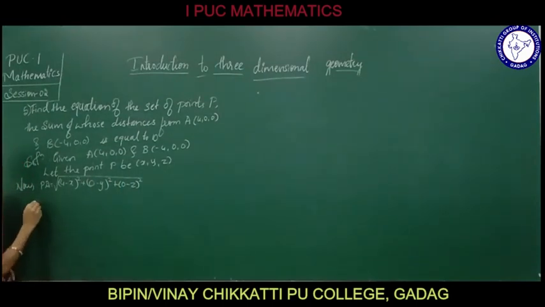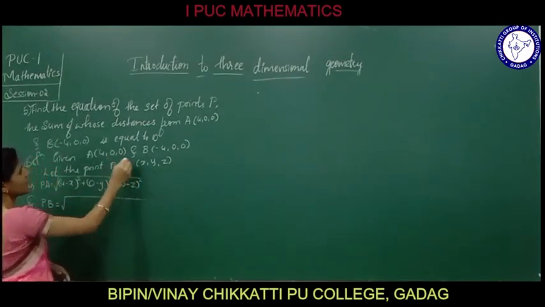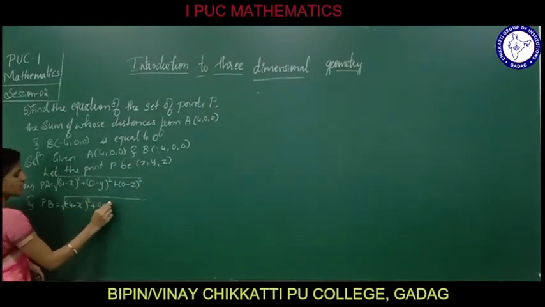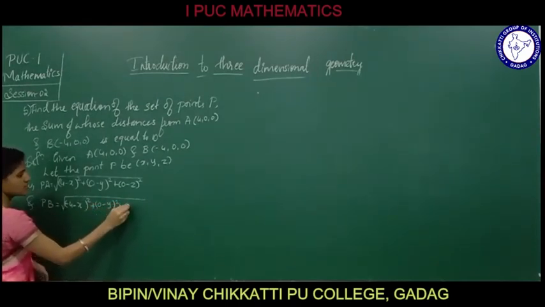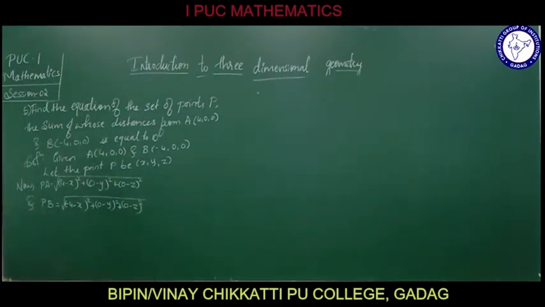And what about PB? PB will be equal to root of minus 4 minus x whole square plus 0 minus y whole square plus 0 minus z whole square. We got PA and PB.